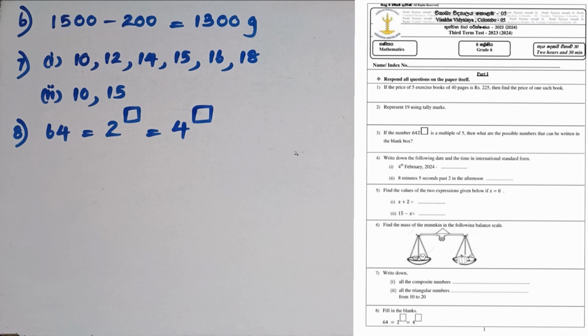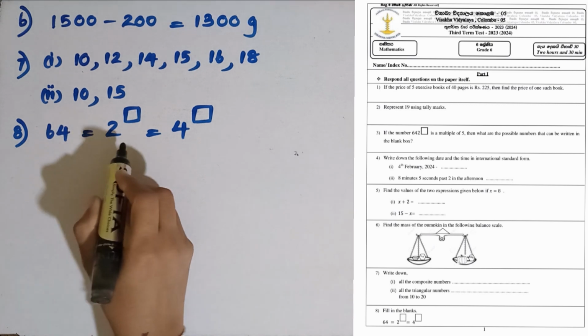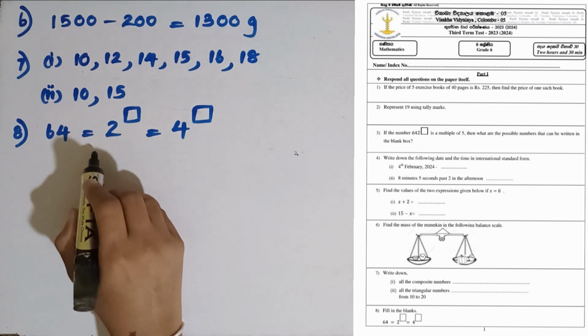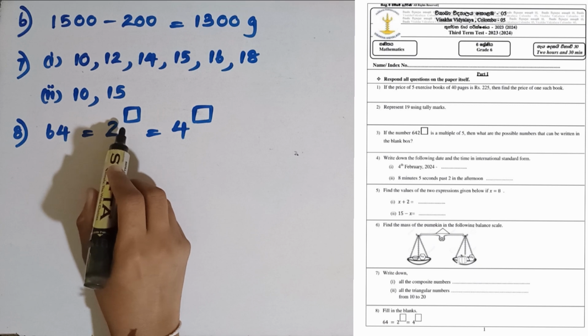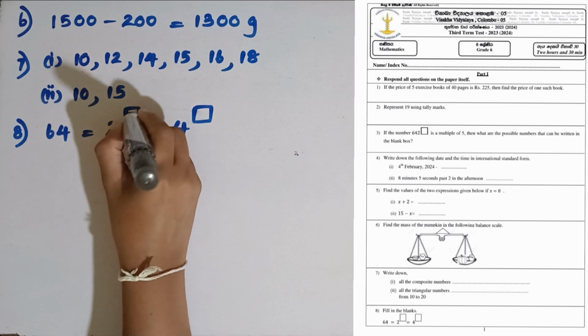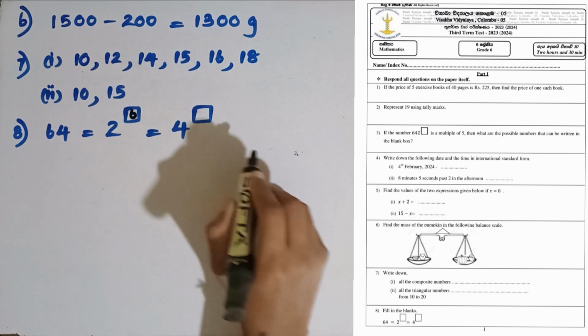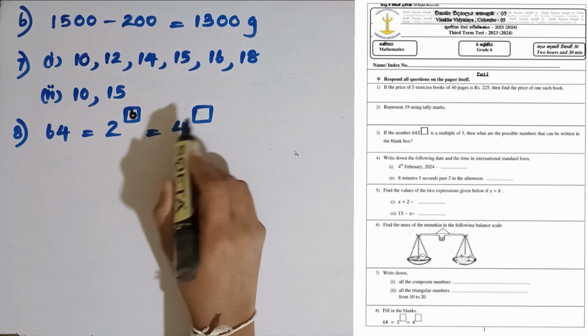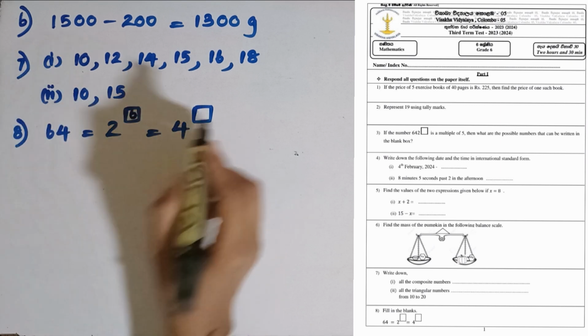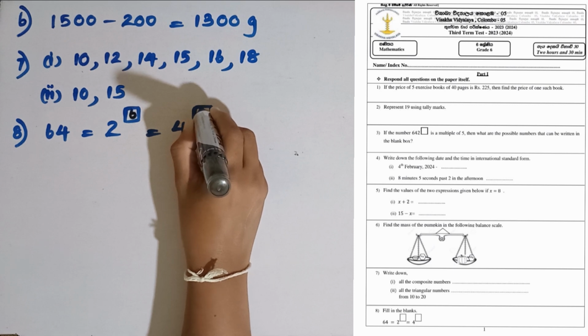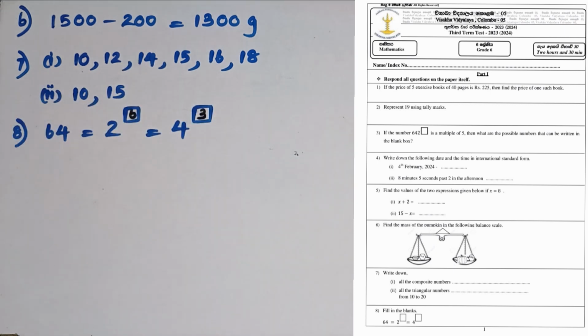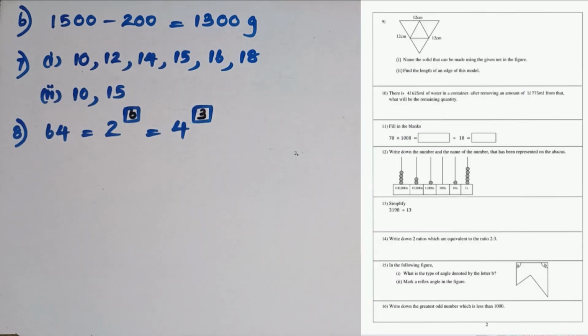If we multiply 2 five times, we get 32. Then 32 multiplied by 2 is 64. So for the blank, we have to write 2 to the power 6. Then when we multiply 4 three times, we get 64. 4 times 4 times 4. Then for this blank, we have to put 3. 4 to the power 3. The value is 64.